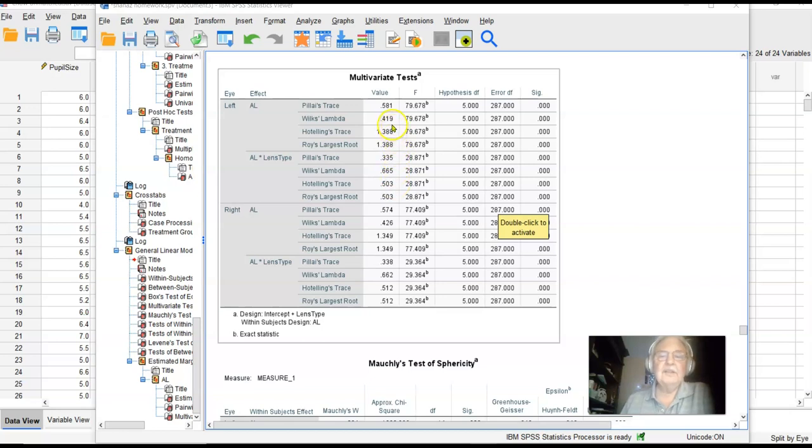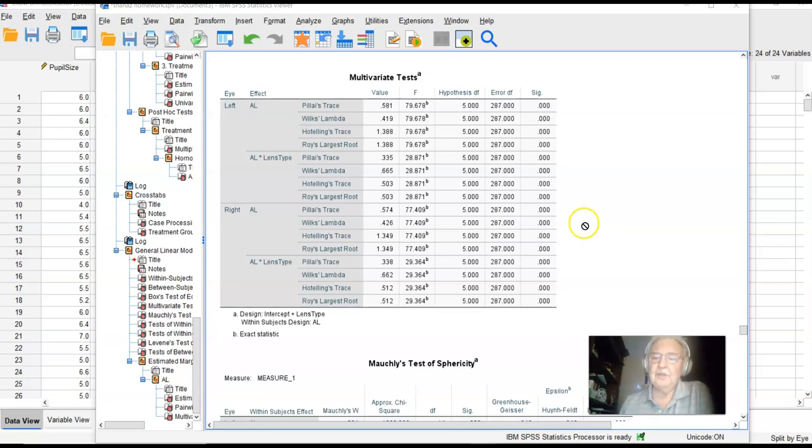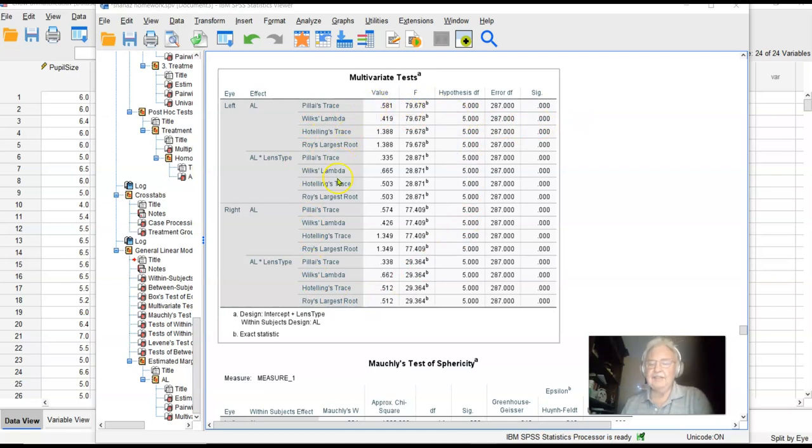All right. So what we have first here is a multivariate test. And we're not going to really pay too much attention to this. This is where your model would be y1, y2, y3, y4, y5, y6 for all the axial lengths equals treatment group plus error. And so in a multivariate test, all the axial lengths are on the left side of the equation rather than the right.